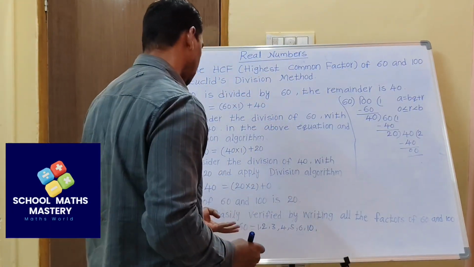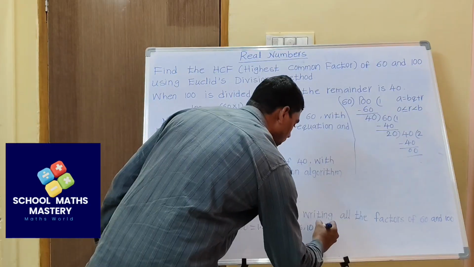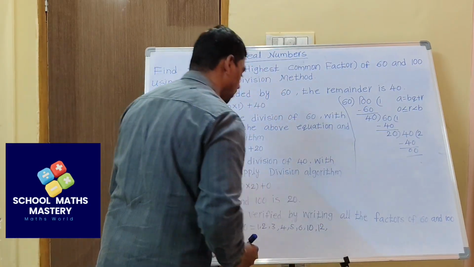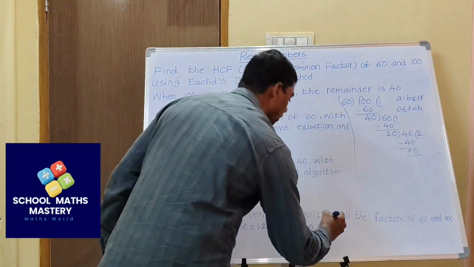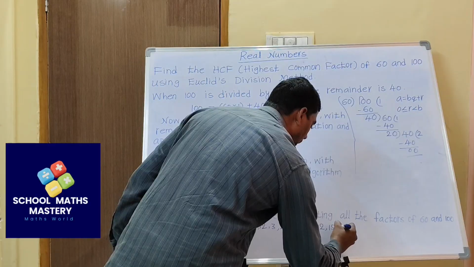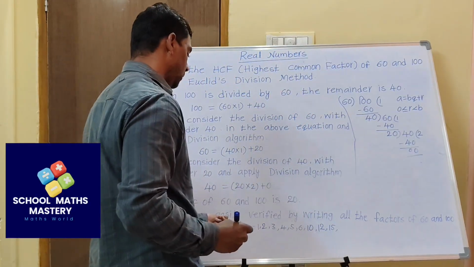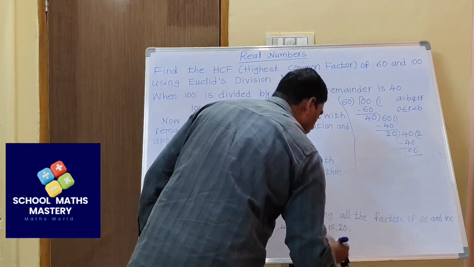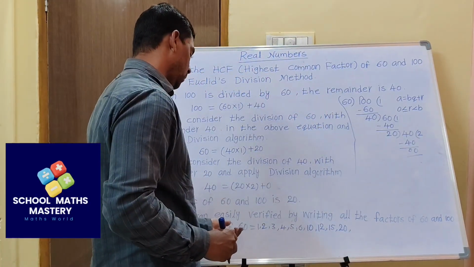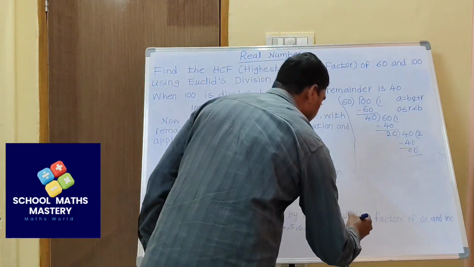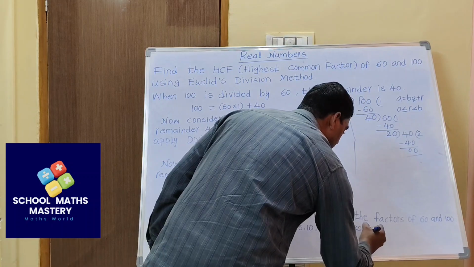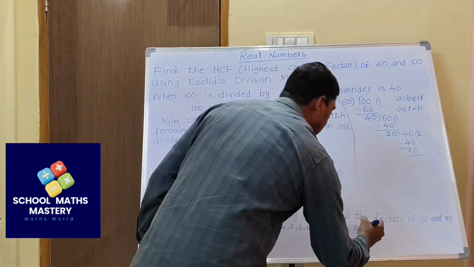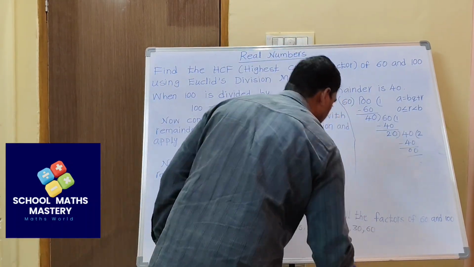Next 11, 12. 12 also a factor. 13, 14, 15. 15 also a factor. 16, 17, 18, 19, 20. 20 also a factor. 22, 25. Next 30. 30 also a factor, and 60 also a factor.